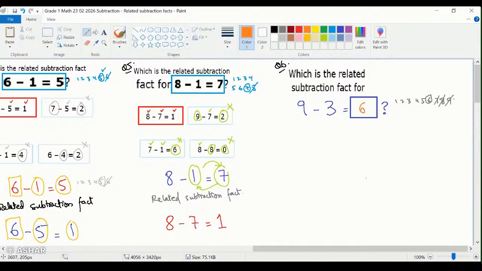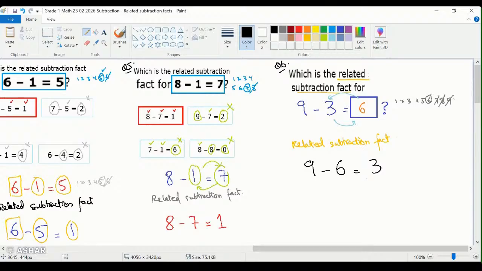Agreed? So to find the related subtraction fact, we swap the positions of the two numbers. The related subtraction fact would be 9 minus 6 always equals 3.